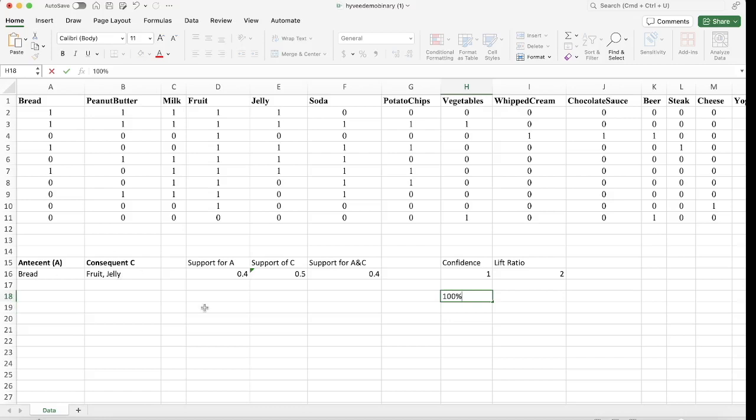And so that probably means it's good to put fruit and jelly near the bread, or to advertise those products to someone who is already buying bread, because we are quite confident that they are also going to buy fruit and jelly. So this confidence is that conditional probability, saying if I condition on buying the antecedent, what's the probability that I buy the items in the consequent item set?